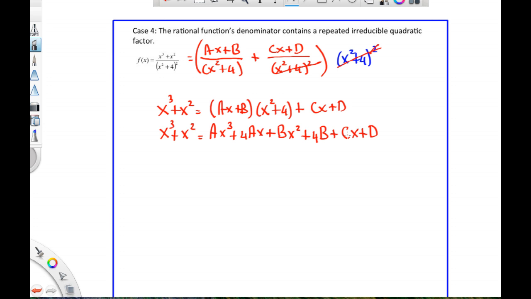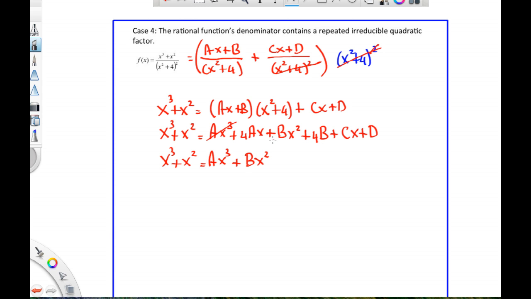And then we need to collect things and order them in the right sequence so that we have the leading degrees as a cube, etc. So ax cubed, do I have any other? No, I don't. Plus, so now I'm looking for squareds. Well, there's only one, so bx squared.